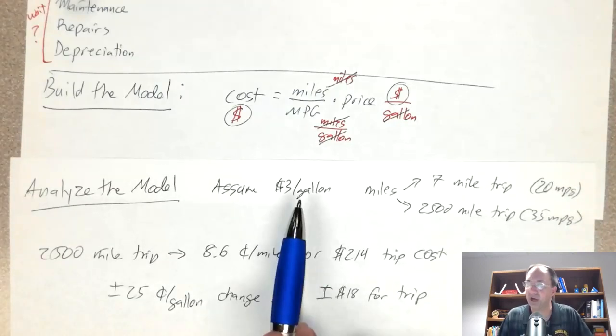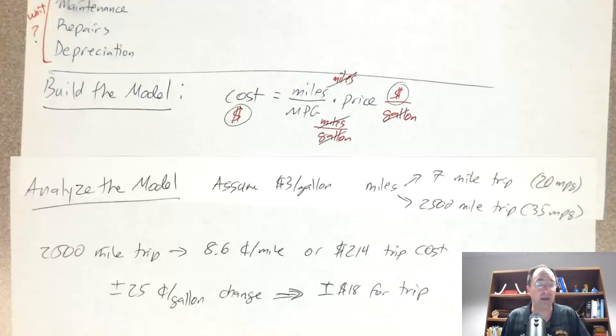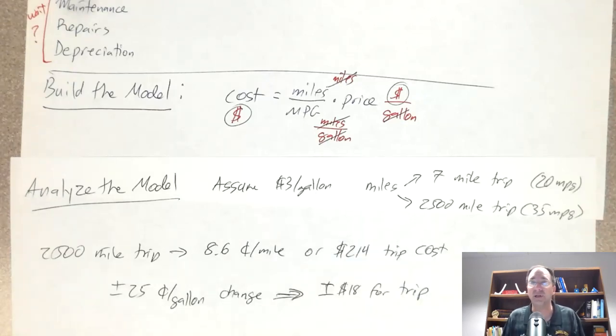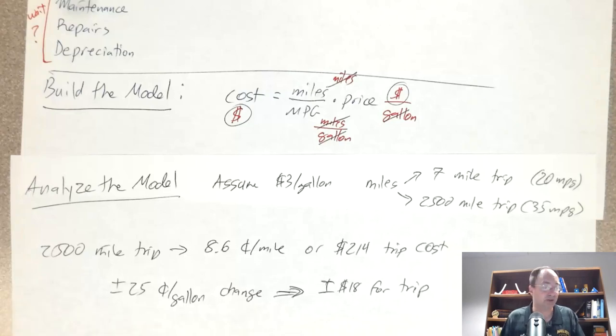So if I felt confident that gas wasn't going to change dramatically in the next few months that I'm planning the trip, and I was willing to kind of absorb an $18 plus or minus, then maybe my model is good enough that a little bit of error in the price of gas isn't going to change my output. But what is more concerning, though, are those other factors.